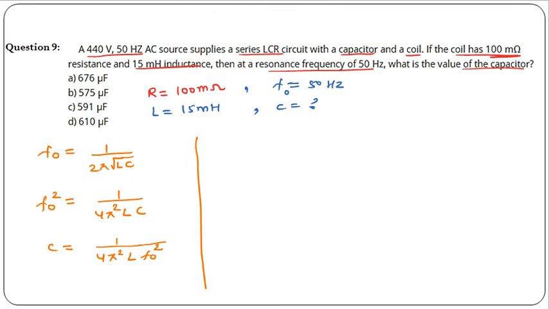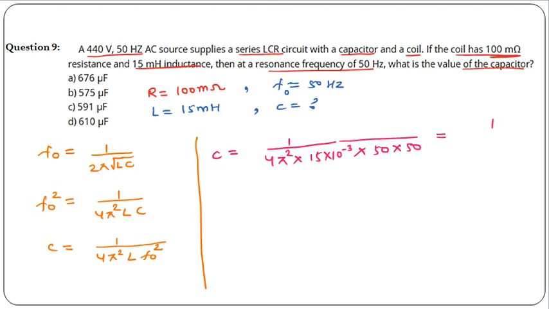So we are getting capacitance value as 1 by 4 into pi square, and inductance value is 15 millihenry, so this is 15 into 10 to the power minus 3, and resonance frequency is 50 hertz. So we can simplify this.